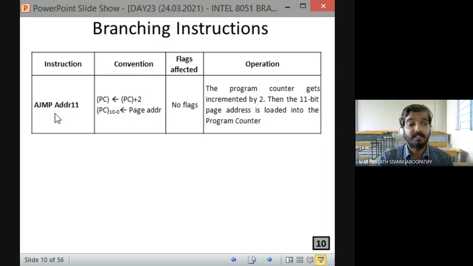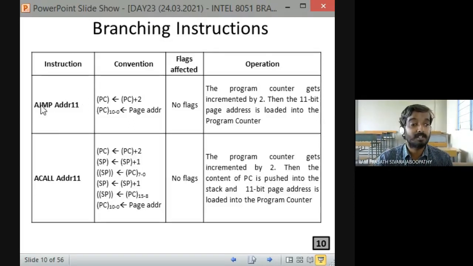Similarly, in the case of absolute addressing, AJMP and ACALL, we have two instructions. First, the program counter gets incremented by 2 because AJMP has an opcode. Then here we give only 8 bits of the address.